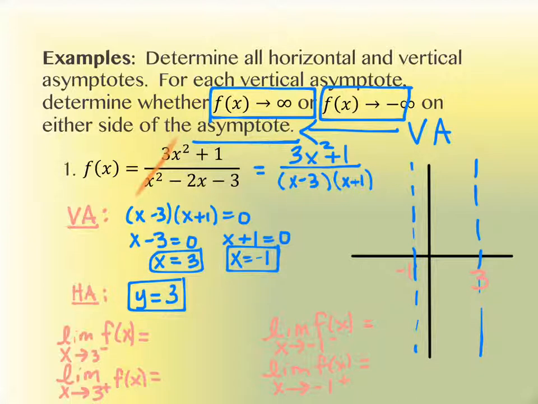If you do a zoom, just a standard window, zoom 6 is a decent view on this one. You get a picture that looks something like the following. Obviously, I'm drawing in arrows that your calculator doesn't draw in, but does yours look something like that? Does anybody's not look like this?